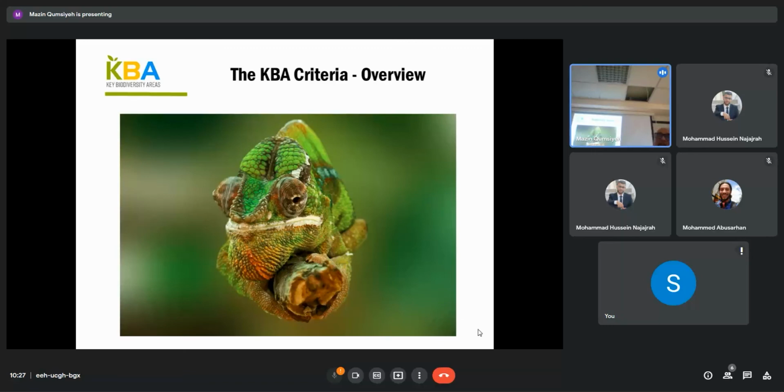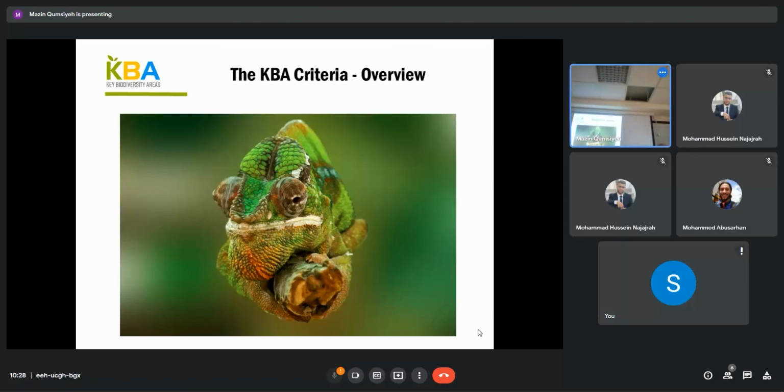Eventually overlap? No, it's not an overlap. The Red List for species is only for species directly. But of course, if you make the assessment of the ecosystem and you see that one of the key species for an ecosystem is critically endangered, this implies that your ecosystem is threatened.